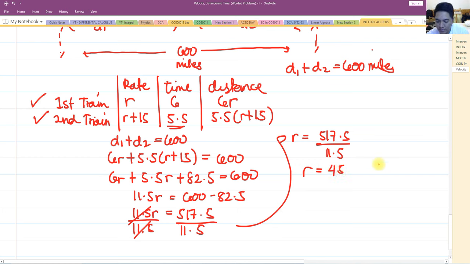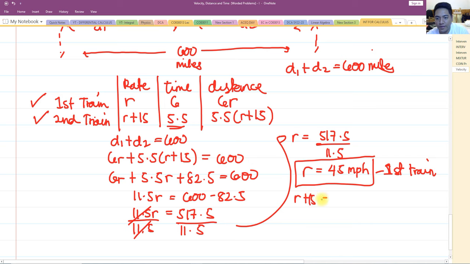This is 45 miles per hour, the rate of the first train. The second train is R plus 15, so 45 plus 15, definitely 60 miles per hour. And this is the rate of the second train.